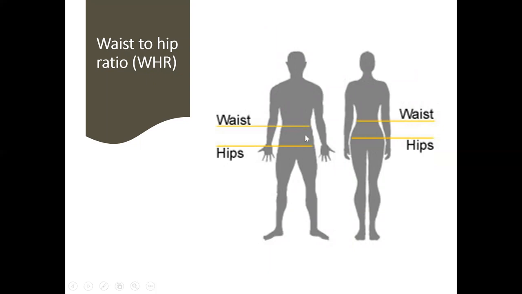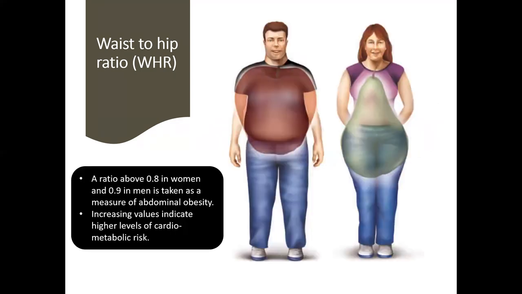We usually measure the waist circumference midway between the lower ribs and the iliac crest. And then the hip circumference at the widest area of the body; we measure the circumference, and then we have the waist to hip ratio, also an indicator of body composition and central obesity.